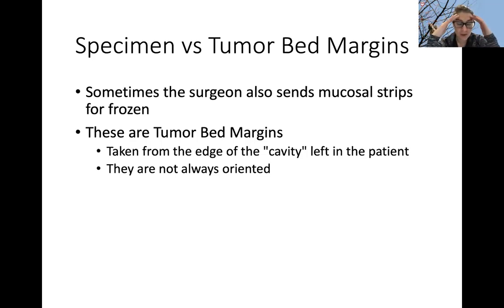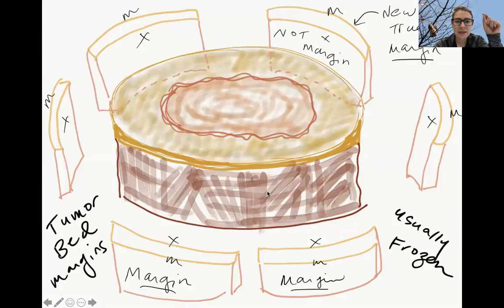All they do is know where it is based on the CT scans, palpation and anatomic location, and they cut around it, right? Sometimes, as you know, they will also send these tumor bed margins, which are strips of tissue taken from the edge of the cavity left in the patient. Those are tumor bed margins, and those are generally important when we do our synoptic reports.